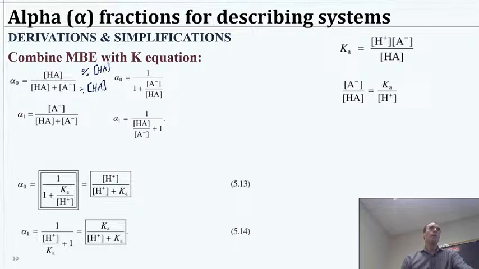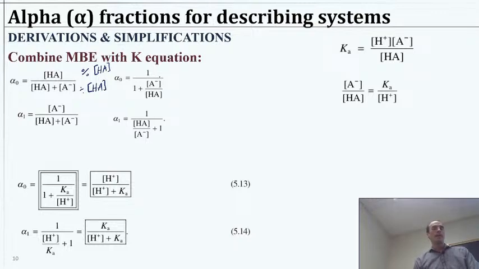Since we do it to the top and the bottom, we're allowed. It's kind of like multiplying the top and the bottom by 1. So when we do that, the equation simplifies a bit. So now we get 1 over 1 plus A minus divided by HA. Okay, you see that?